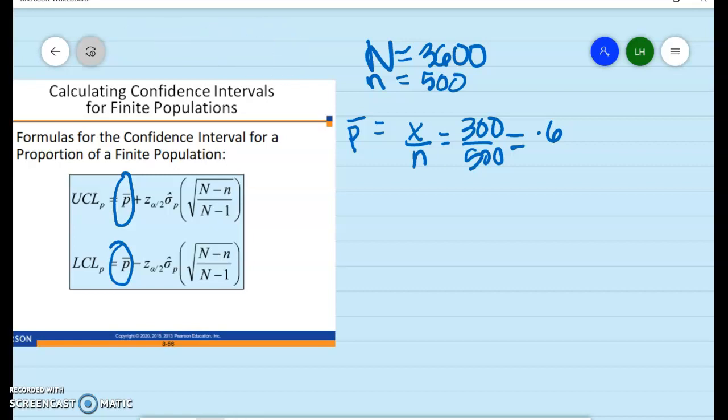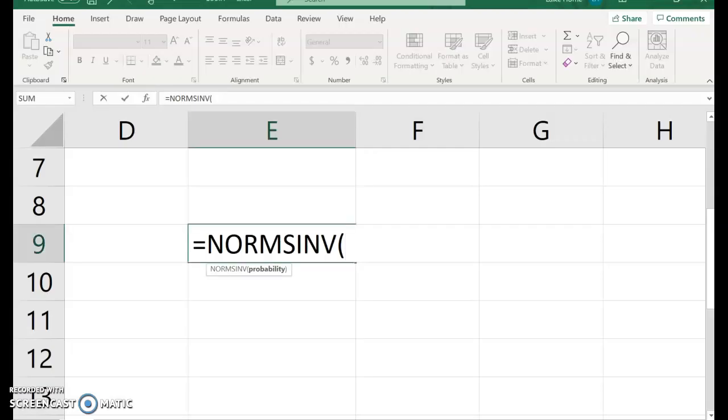So if we were to draw 95%, 2.5 would be over here and 2.5 would be over here, and we need to know what Z is right here. So 95 plus 2.5 would be 97.5 as a percent. So 0.975 is the probability.